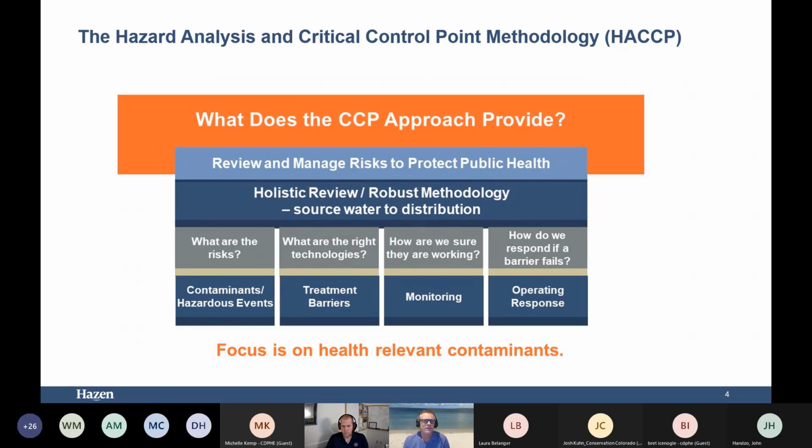So it doesn't focus so much on making sure you can meet production from your facility, for example. It doesn't necessarily focus on things that could increase the maintenance at your facility, or things that could cause other challenges to you. It's focused on public health, and that's helpful.